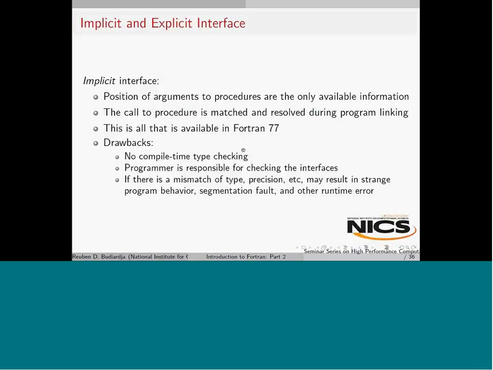So you don't have compile-time checking. You can have a mismatch of precision or a mismatch of type, and it may compile and link without error. When you run it, you get strange program behavior. You can get a segmentation fault, or you can get wrong results that are very hard to debug, because the programmer here is responsible for setting the interface.